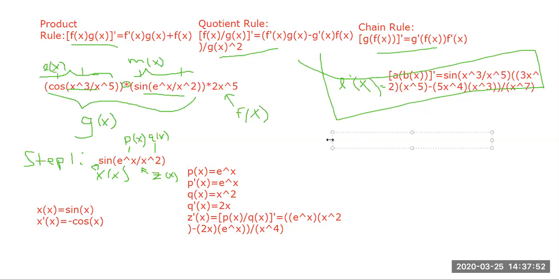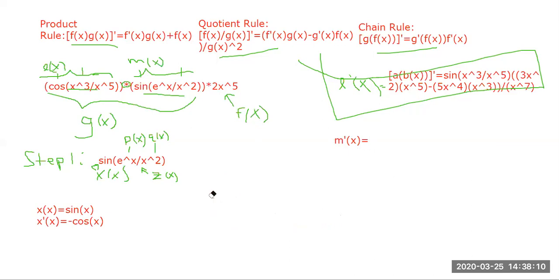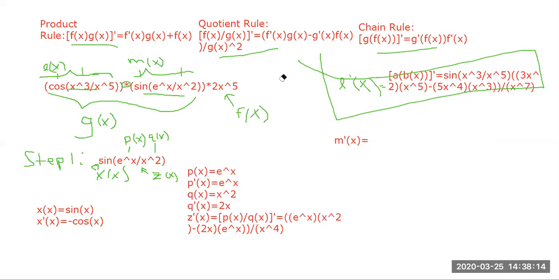So m prime of x equals our chain rule. Okay, we're going to use x and z. So in order to, damn it. Okay. We gotta keep that, can't erase half of it.